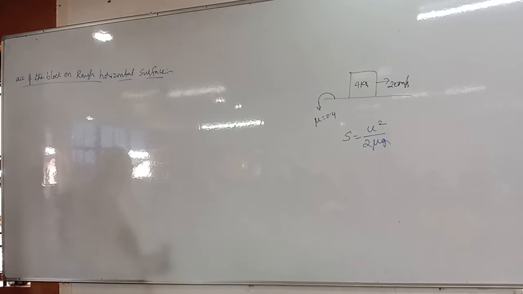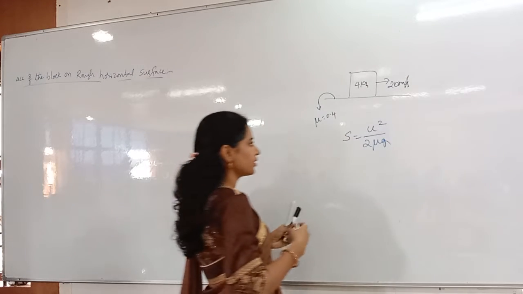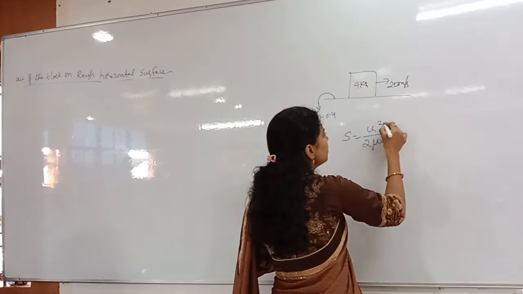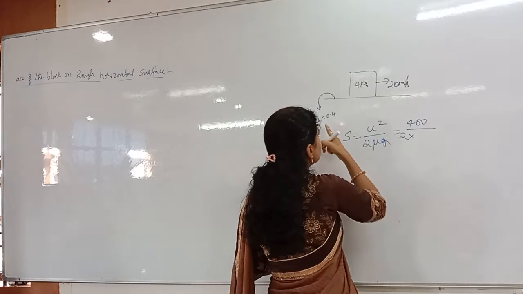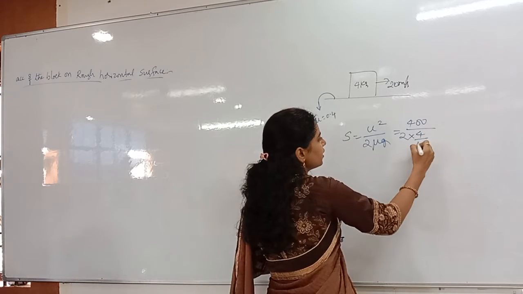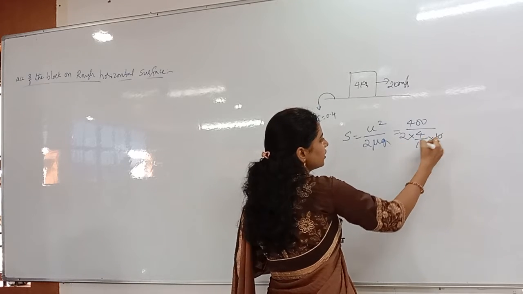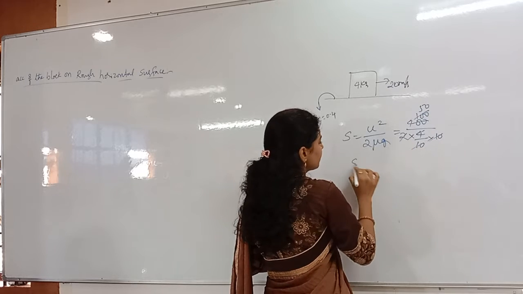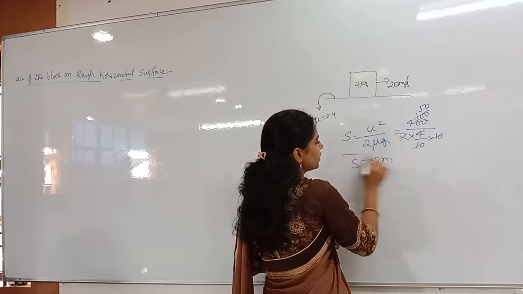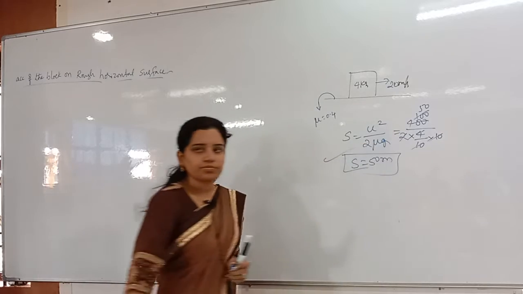Generally, by the normal formula, what did we get? 50 meters. Actually, 50 meters is the correct answer. I am asking you a general question. This is u square, nothing but 20 whole square, that is 400, divided by 2 into mu, which is 0.4, nothing but 4 by 10, and then g is 10. 10 gone, then 100, and then 50. s is equal to 50 meters is the correct answer.